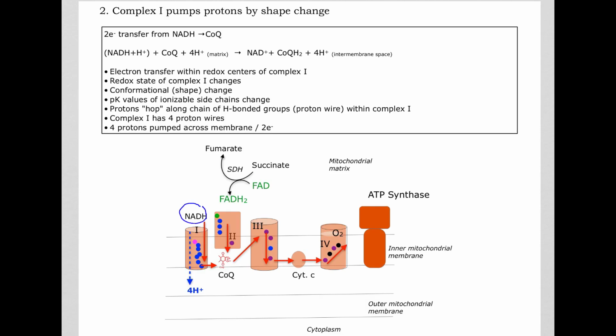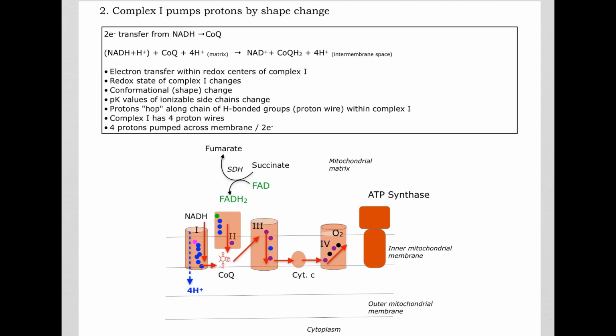NADH will send its electrons to coenzyme Q. You can see two electrons will be transferred from NADH to coenzyme Q. In this equation here, NADH is giving electrons to coenzyme Q. The NADH becomes NAD, and the coenzyme Q takes the electrons and becomes reduced to CoQH2, reduced coenzyme Q. This transfer of electrons from NADH to coenzyme Q is catalyzed by complex 1.